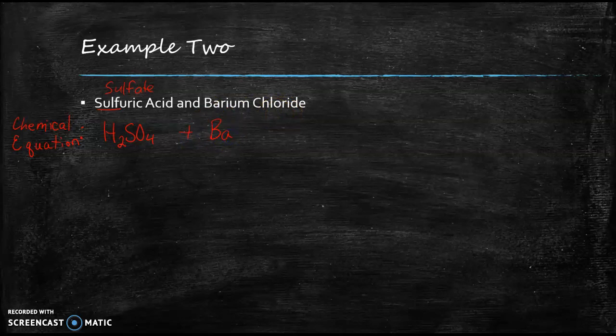Barium is a representative element. We know that it has a +2 charge. Chlorine is representative with -1, so we have 2 chlorines. We use solubility rules to identify that both of these compounds are aqueous.